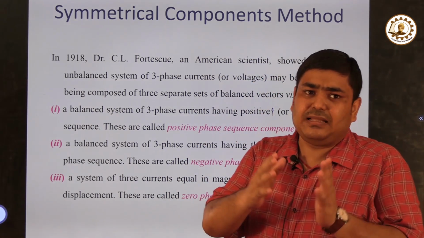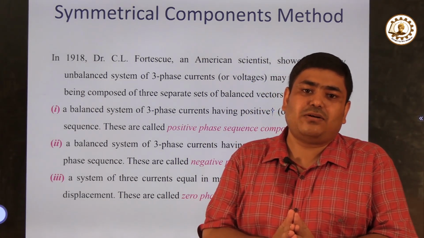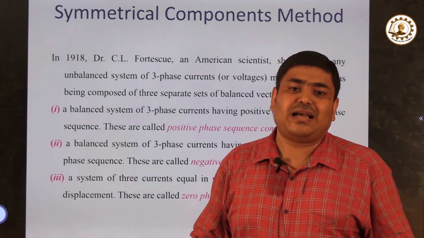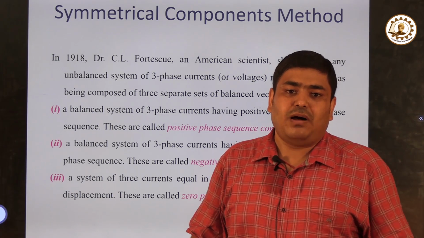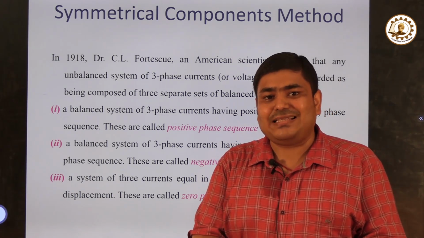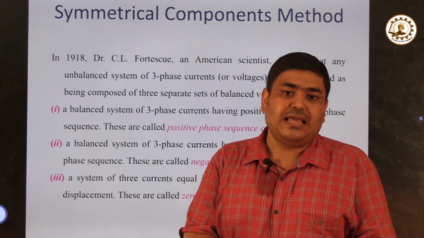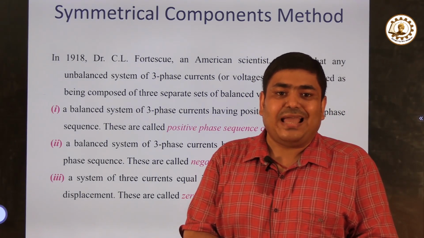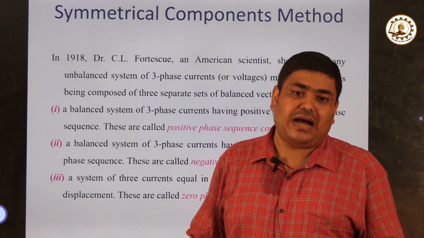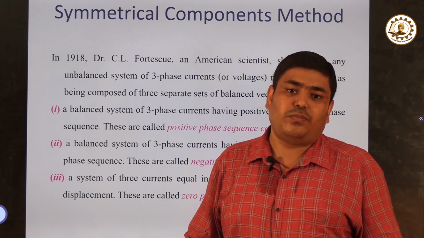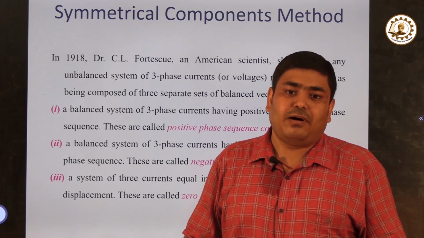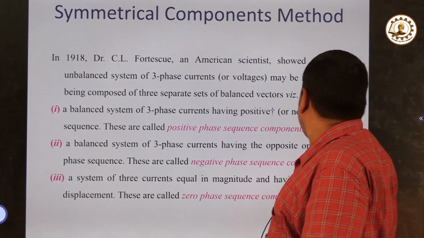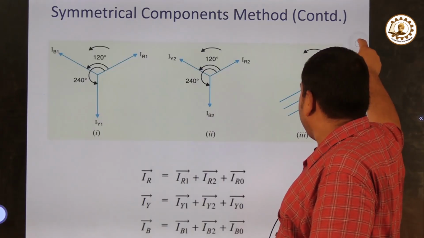The second one is the negative sequence component of the current, where the phase is denoted in anti-clockwise direction and the phase displacement is here also 120 degree. And the zero sequence component of the current, in which the phase displacement between two phases is 0 degree.